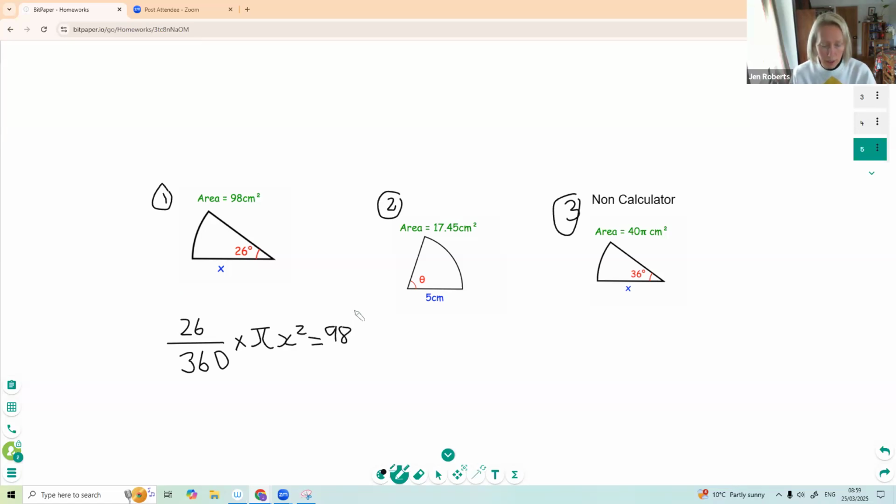I'm going to multiply both sides by 360. Get 26 pi x squared. You can put times in between if you want, or you can leave them out, up to you.